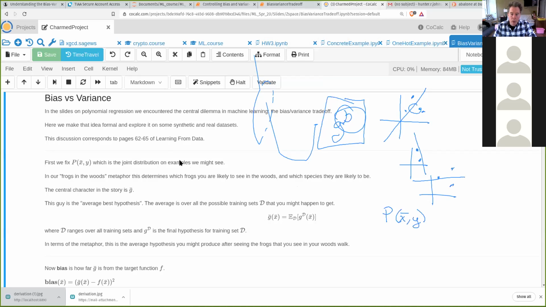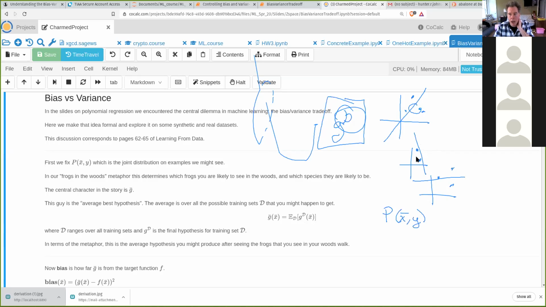So we also have to understand G bar. G bar is the average best hypothesis. If I took all of these lines that I produced over here, I could average them. If I got many different data sets and many different lines, I would get one average line.